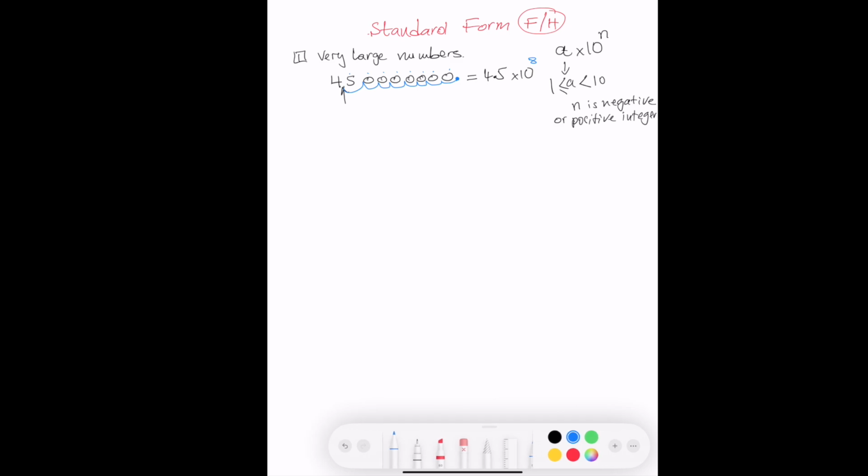So let's carry on. Let's highlight this formula. Okay, and now let's do another example. Let's say for instance you have 86 and then a few zeros.